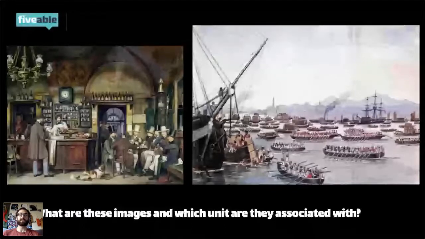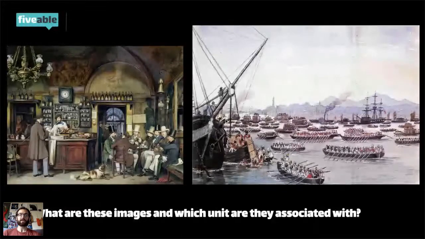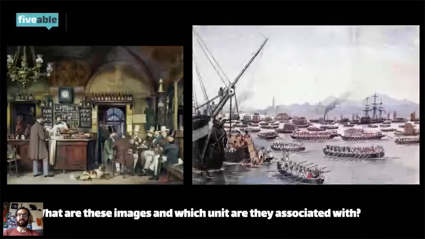Yeah, the painting on the right is from the Opium Wars. It is the British invasion of, not Hong Kong, one of the port cities they bombarded during the war. I can't remember which one it was, but these are British soldiers heading towards the shore to occupy this city.